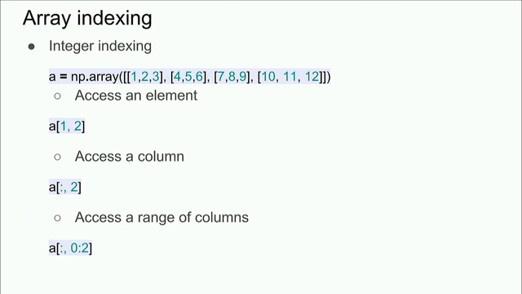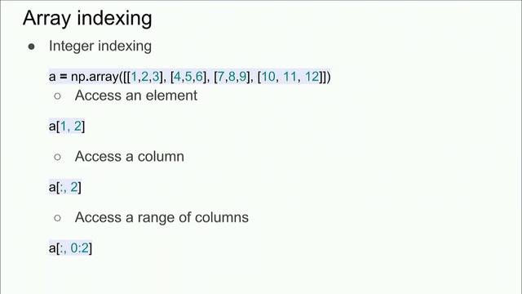Note here, in Python and in NumPy, the indexing starts from 0. So if you want to index the element at the intersection, you simply put the index of the row and the index of the column in the bracket, and you'll be able to access the value on that specific entry.